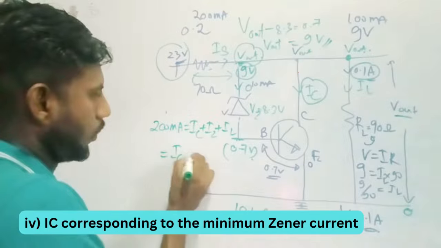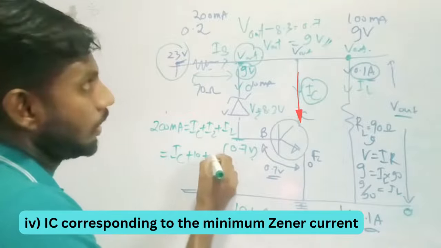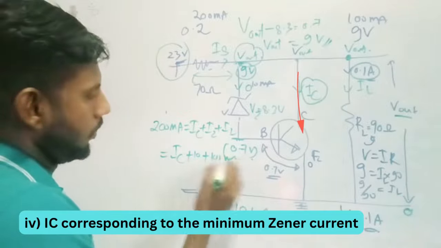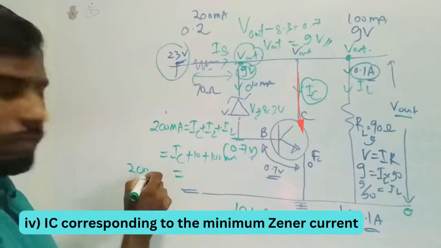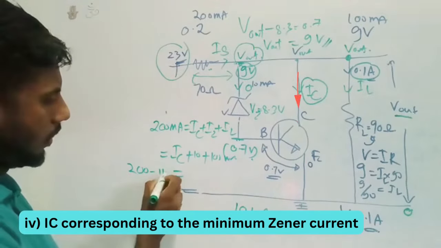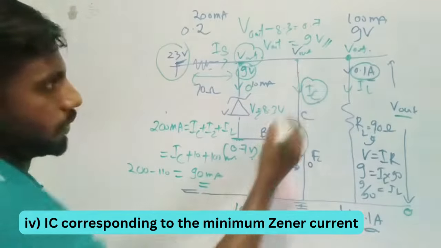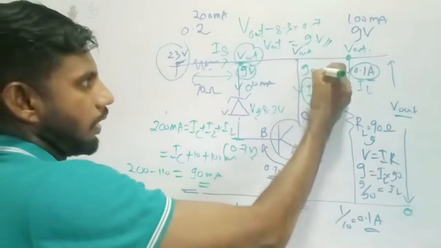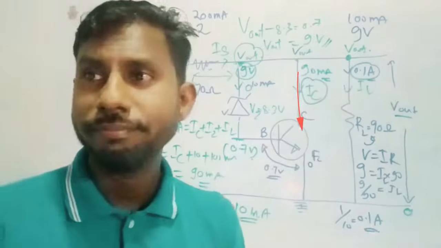IZ is 10 milliamperes, and IL is 100 milliamperes. So 200 minus 110, we get 90 milliamperes. So IC will be 90 milliamperes. That's the answer they are looking for.